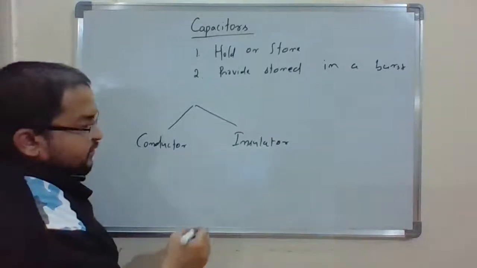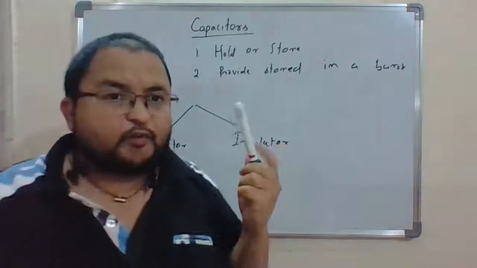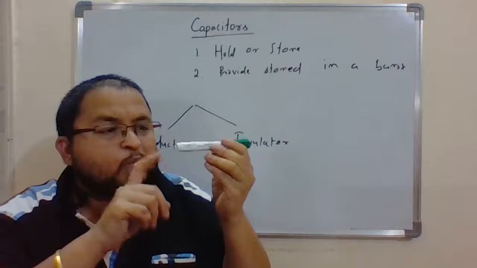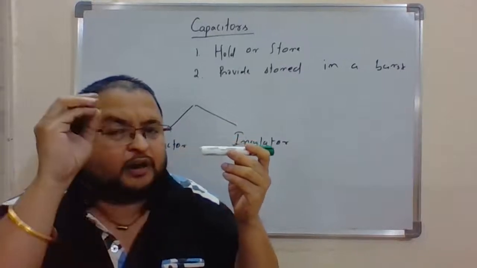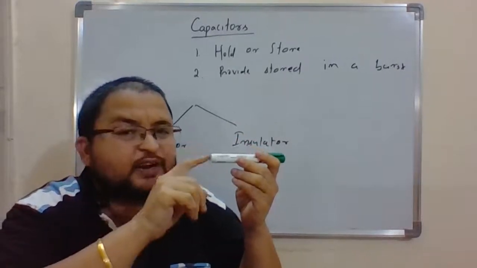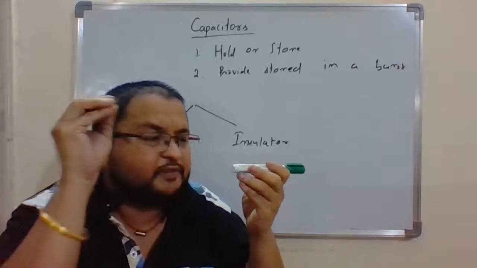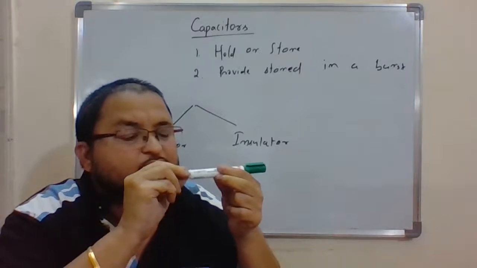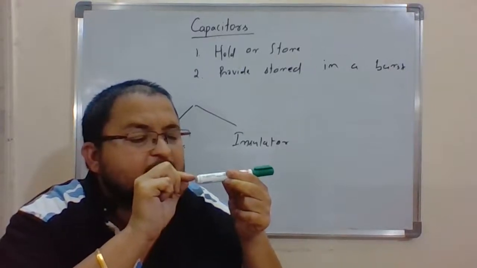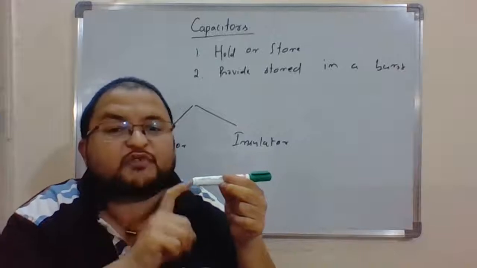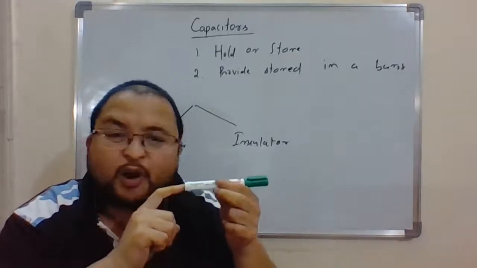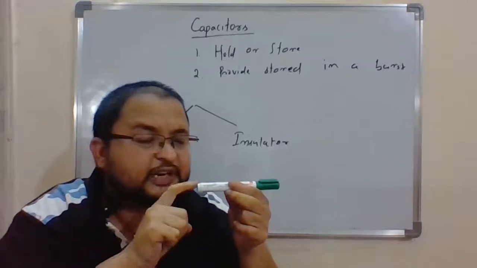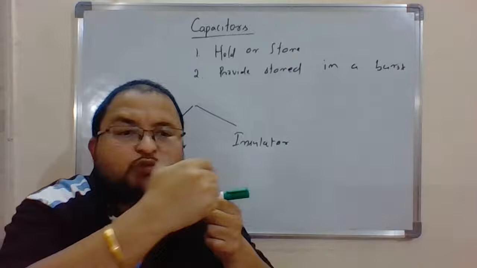So let us think of an insulator. Obviously this marker or this pen is an insulator. Now suppose I try to charge this end of this insulator, right? If I give some charge dq to it, that charge would be located in the area where I am providing it, because we know that it's an insulator, and in an insulator the charge dq which I have given to this end will not propagate throughout the body.